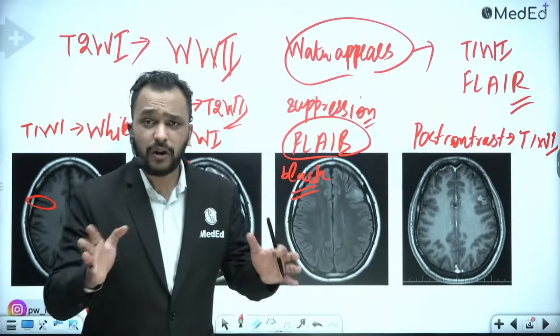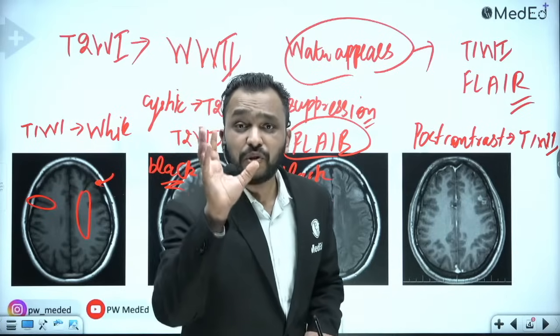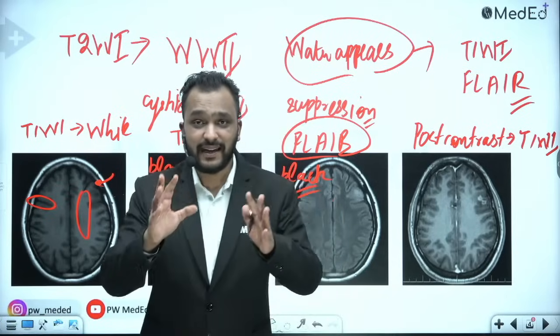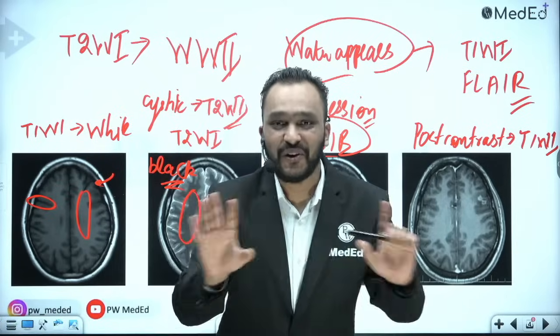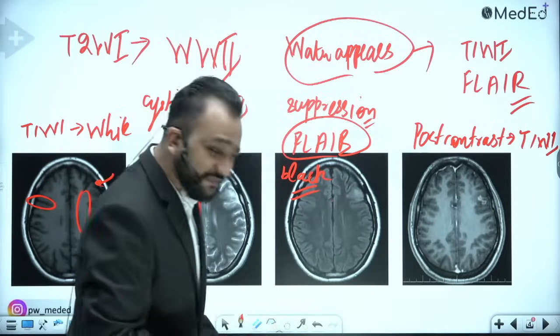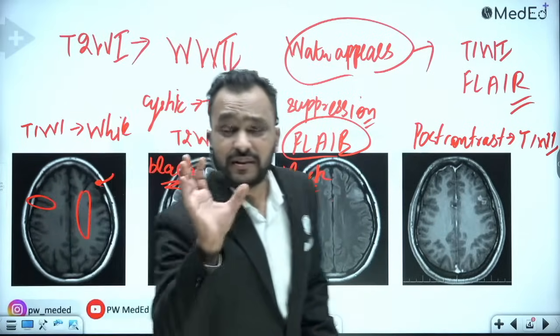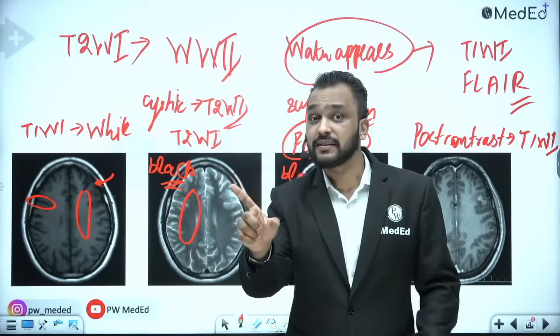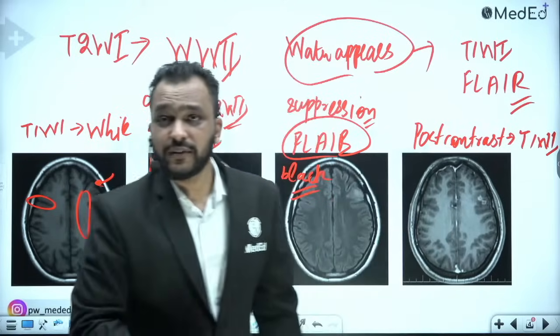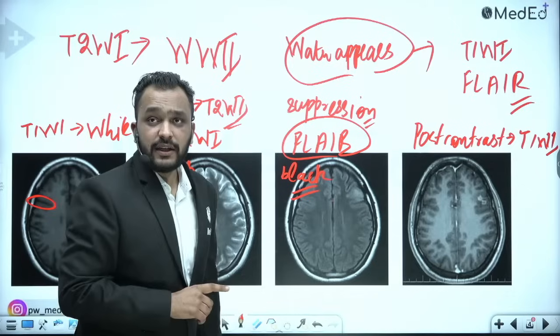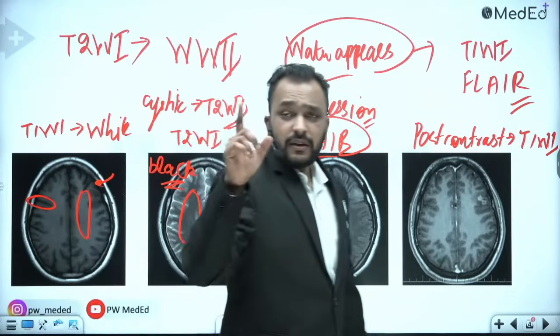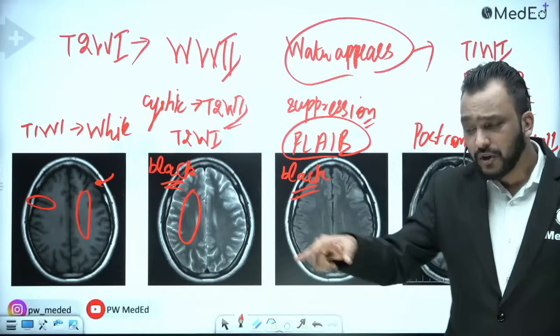Only the solid component of the tumor will enhance; the cystic component of the tumor is not supplied by any blood, so it will not enhance.